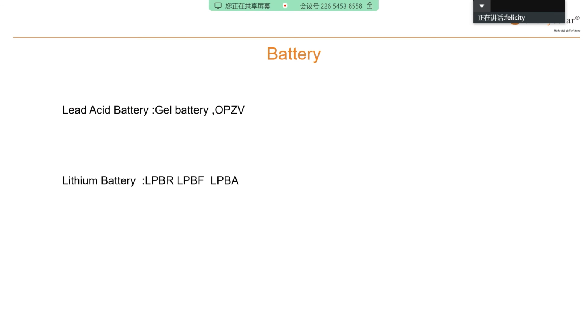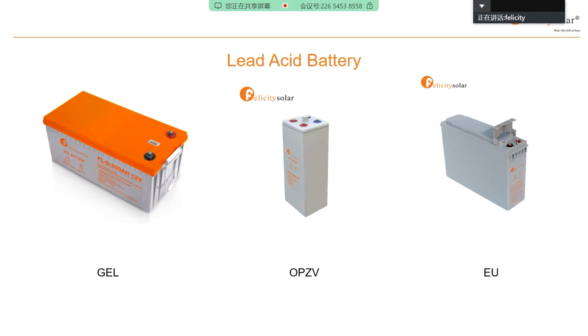Currently, Felicity mainly supplies lead acid batteries, the GL battery and OPCV. For lithium batteries, we supply the LPBR series, LPBF series and LPBA. These batteries are the most selling now in the market. First is lead acid battery.